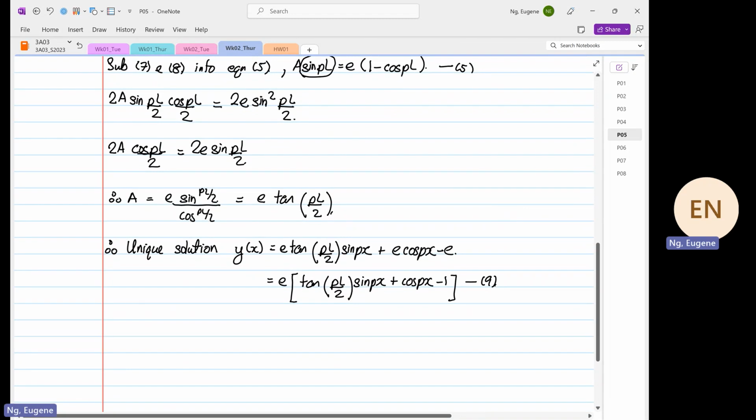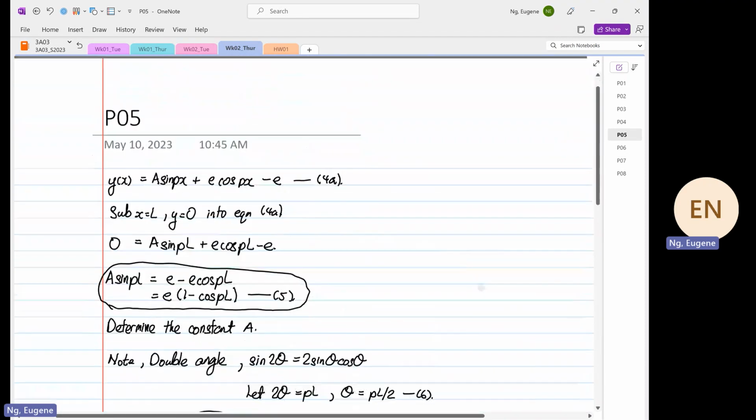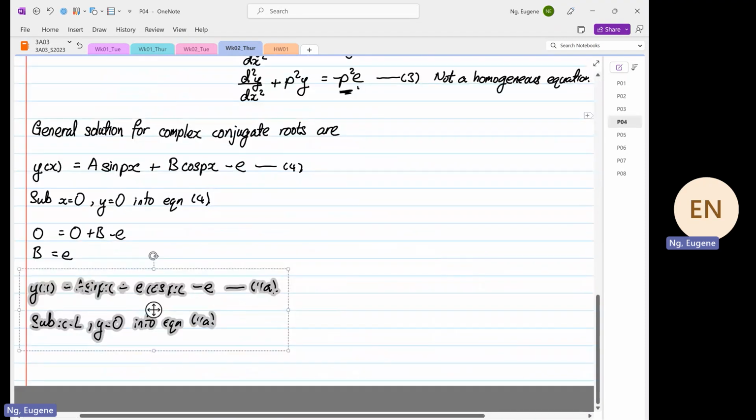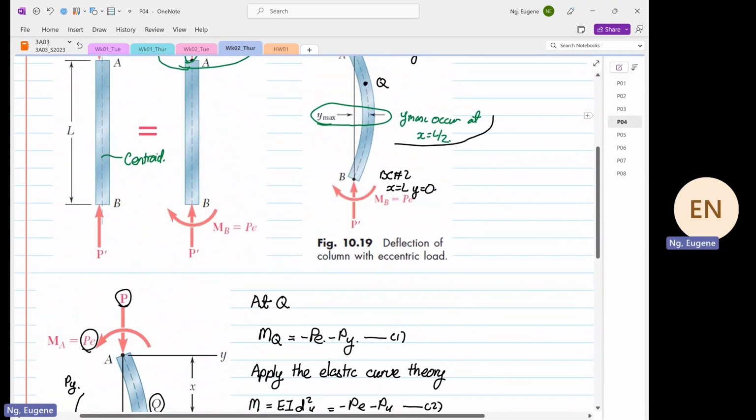So we also do know that Y max will occur when x is equal to L over 2. And we have seen this on the previous page, that Y max, right, over here, occurs at x is equal to L over 2.